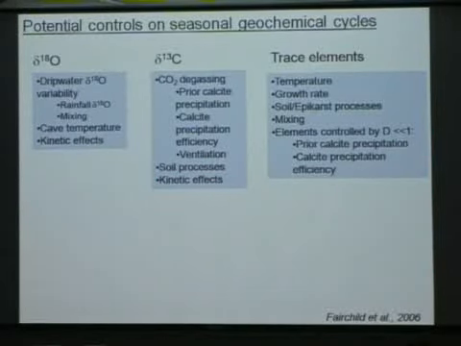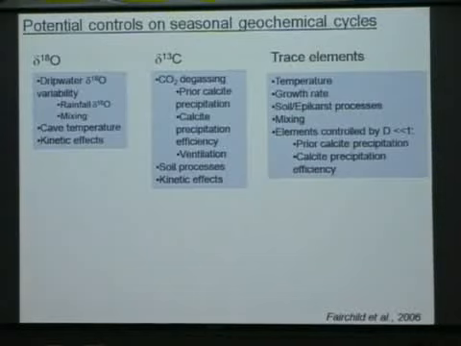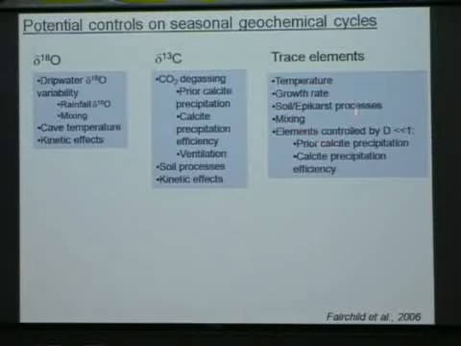And then trace element variations and their relationship with things like temperature and growth rate have been widely investigated in certain things like forams or in certain inorganic calcite. And it's been shown that there is a relationship between certain elements and temperature.